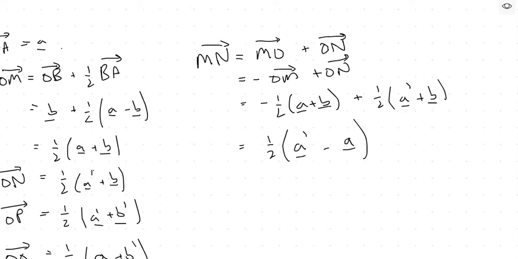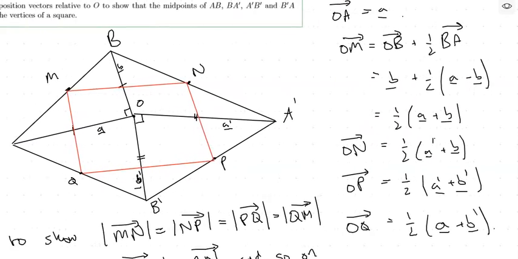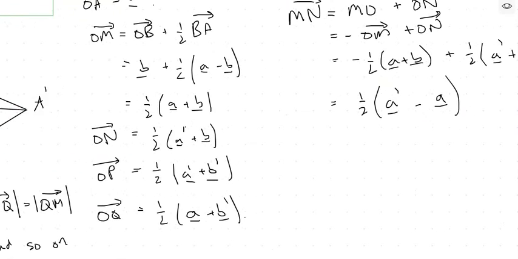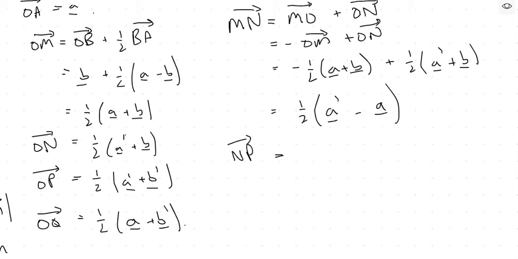And I guess, can we work out the rest of them? I'll do them one by one. So NP is equal to minus ON, so a half A dash plus B, plus OP, a half A dash plus B dash.